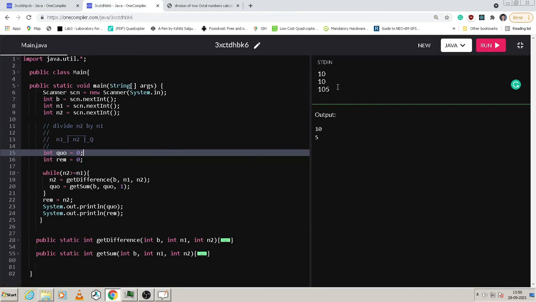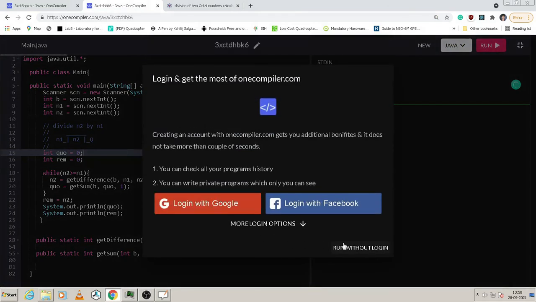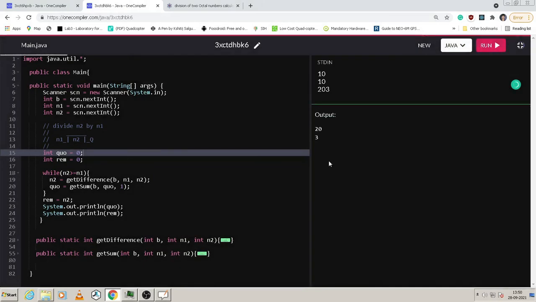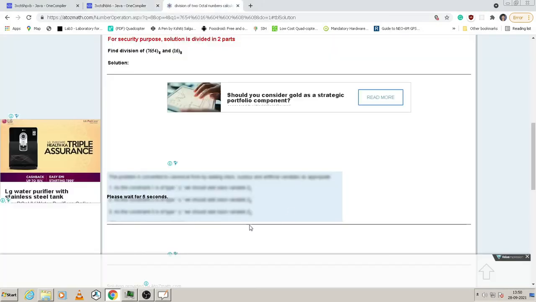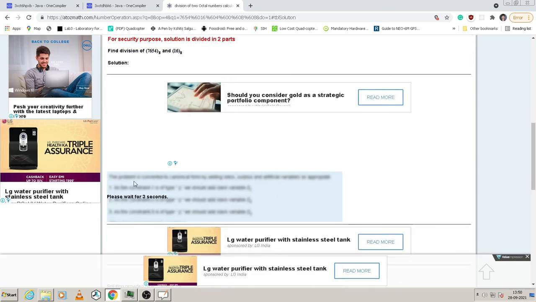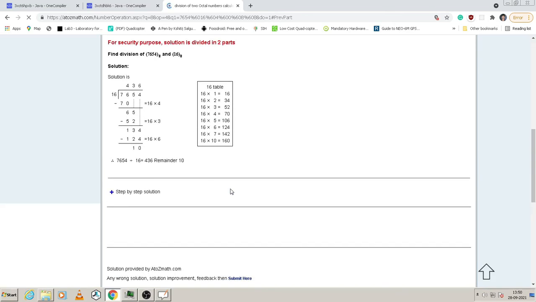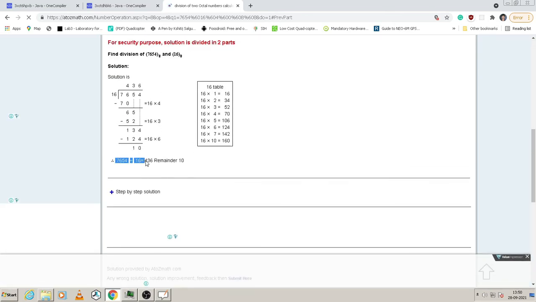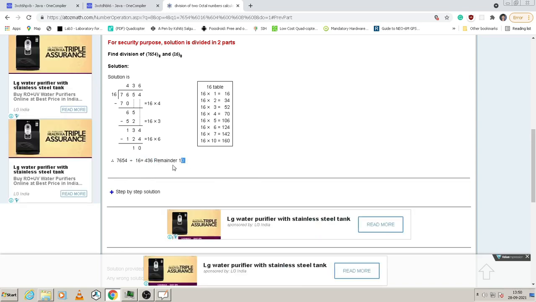Let's try to give it some other input. Let's say 203. Yes, it is giving the correct output. Okay, so please wait for one more second. If we do this, we will get quotient 436 and remainder would be 10.